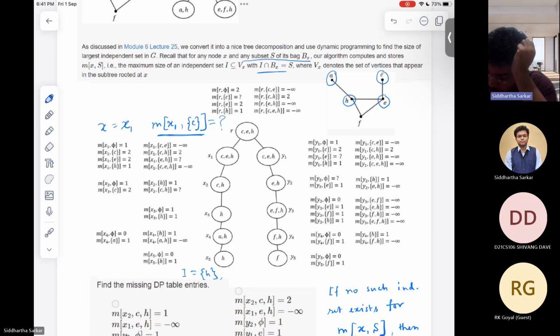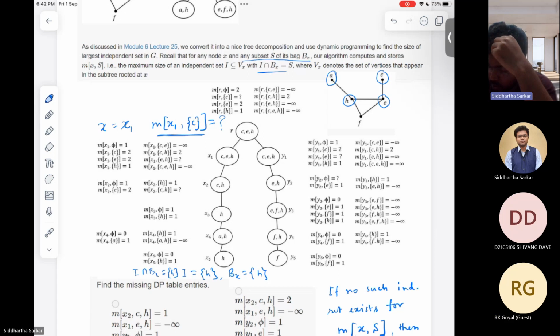So we have understood, and I'll just write it down. The bag of x is H, and there is an independent set which is H, but then I intersection the bag of x is also becoming H. We don't want that.